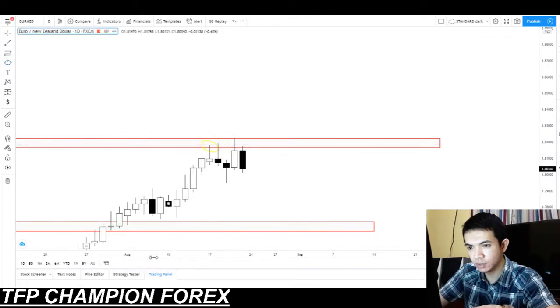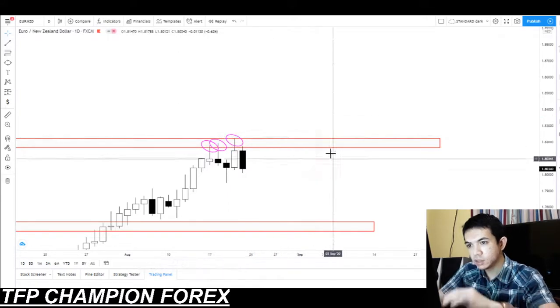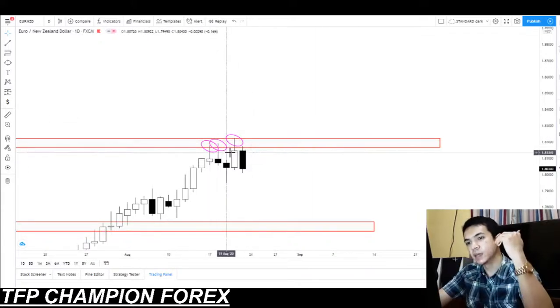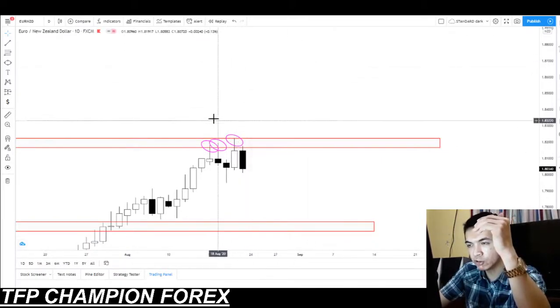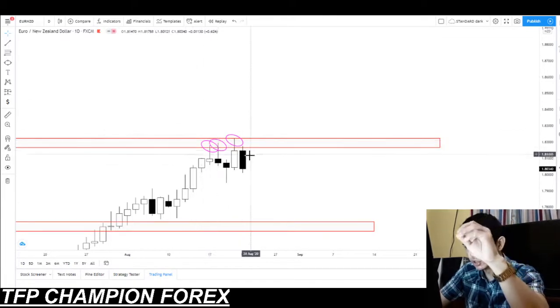We have here one, two, three. So we can say that this is a strong level of resistance. Definitely the price reacted here and showed what? Selling pressure from the bears, meaning there are a lot of sellers here wanting the market to push lower.